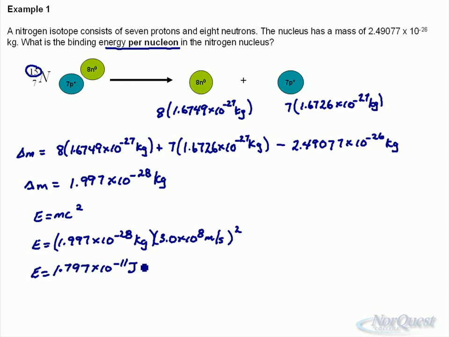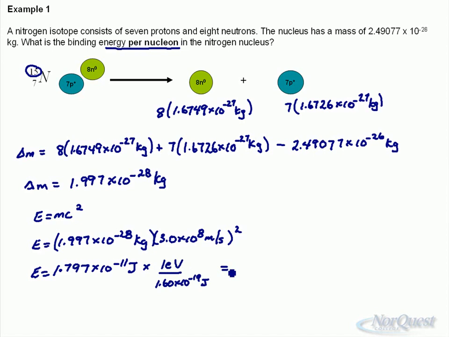Now the answer I'm giving is in electron volts, so I'm going to change this to electron volts, times 1 electron volt over 1.60 times 10 to the negative 19 joules.